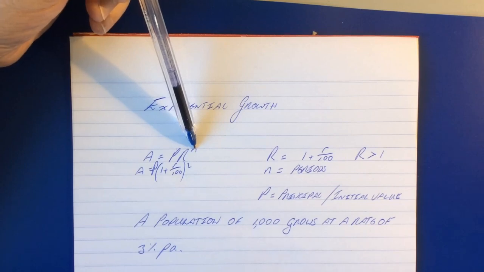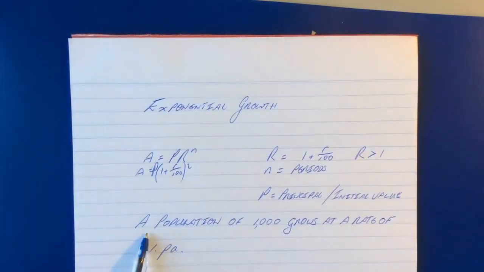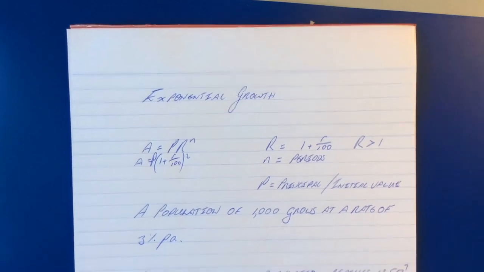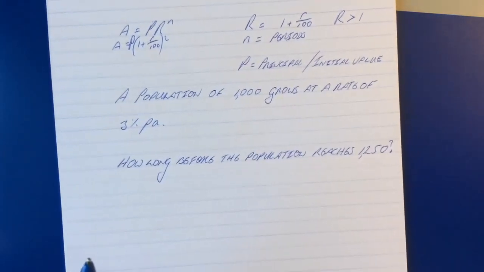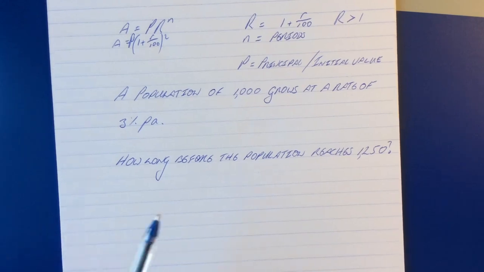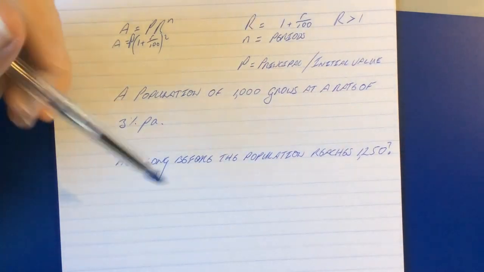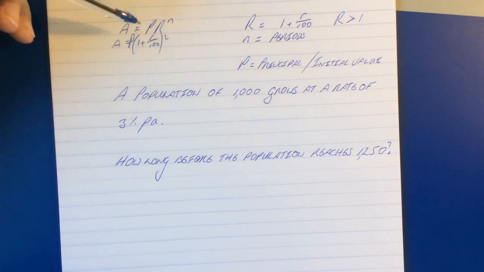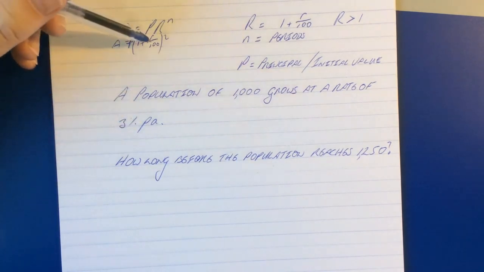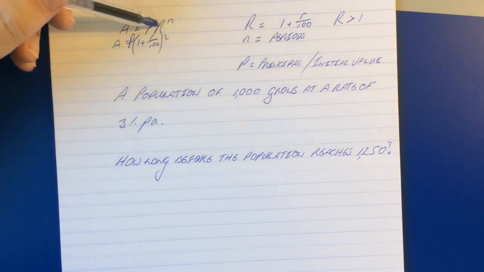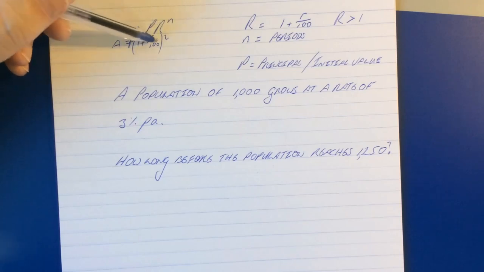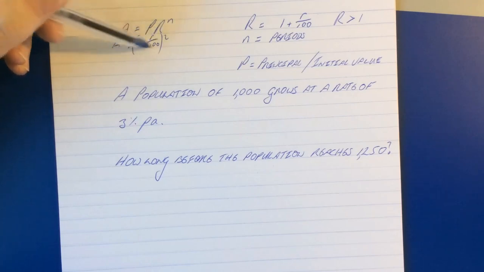Okay, so let's have a look at our problem. A population of 1,000 grows at a rate of 3% per annum. How long before the population reaches 1,250? Now the setup here is what's important. So let's get this set up, and I'm going to use this formula, but I will work out R from this.